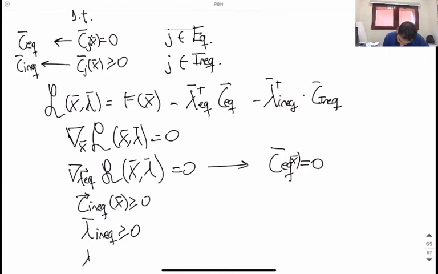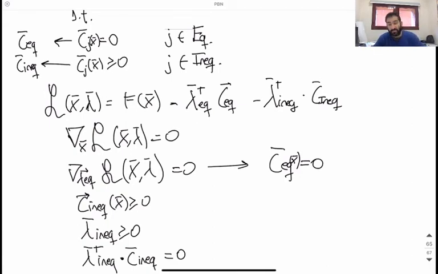And the multiplication of lambda inequalities times c inequalities must be equal to 0, in such a way that if the constraint is active, meaning that c is equal to 0, then lambda can be whatever, typically greater than 0.